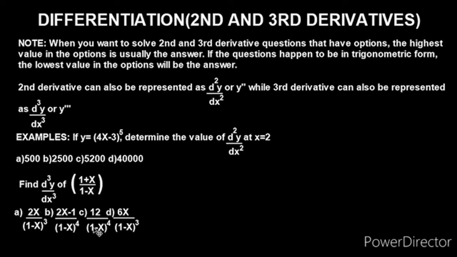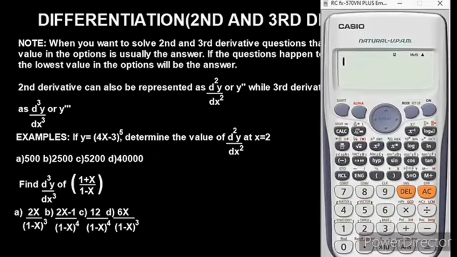So what we have to do now to remove these expressions we have here in figures and also in alphabets will be to evaluate each and every one of these options using a stored value for x, which we have already stored while we differentiated this with the calculator. We stored 2 in the calculator, so right now we don't have to store any other value. We still work with that too to evaluate each and every one of these options.